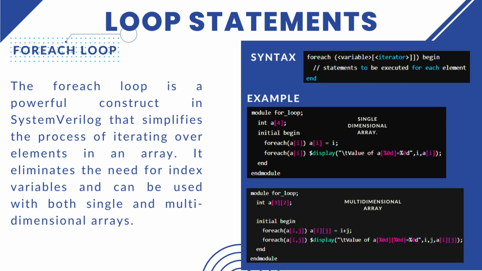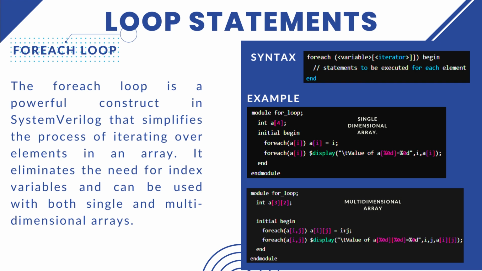Within the loop, we set the value of each element of the array equal to the sum of the loop variables i and j. We then use another foreach loop to print out the value of each element of the array. When we run the code, we see the output.